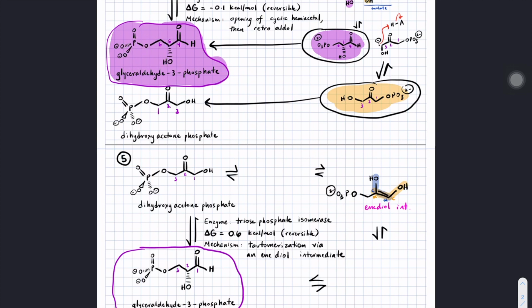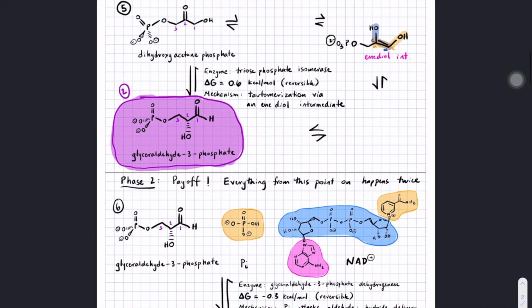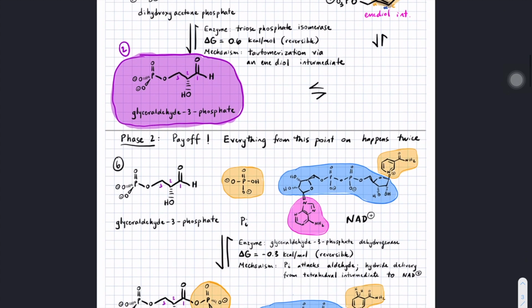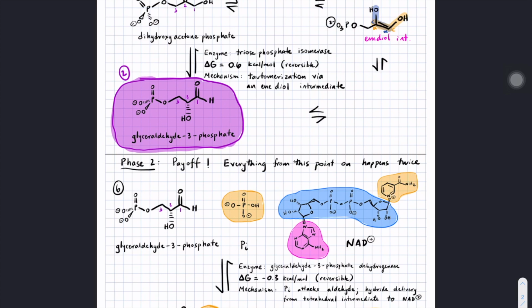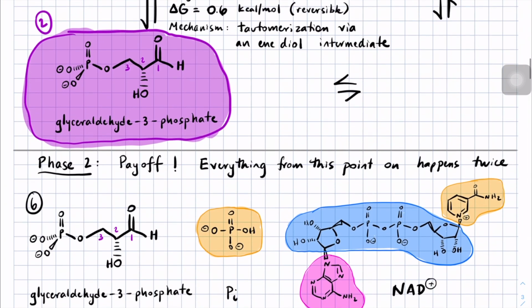An elegant solution to the problem of how to break glucose down into pieces that we can use to generate some high energy molecules like ATP and NADH. All right, so we've got 1 and then 2 glyceraldehyde 3-phosphates. So the remaining reactions, everything we do from this point on, is going to be payoff.